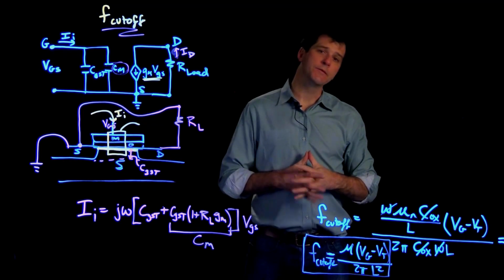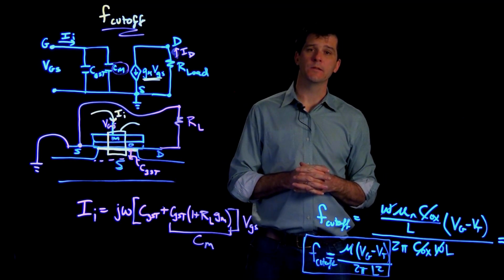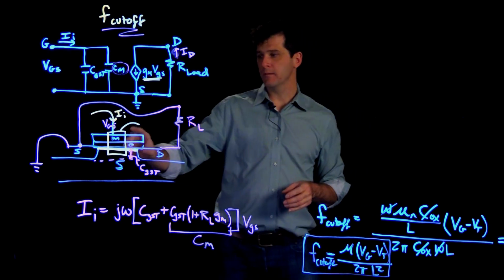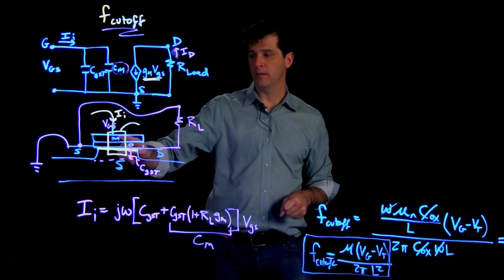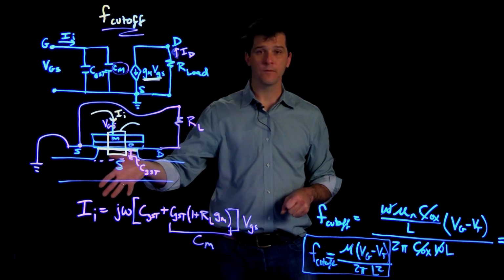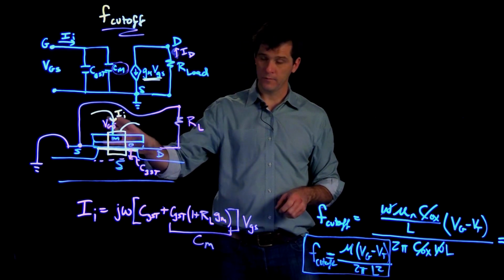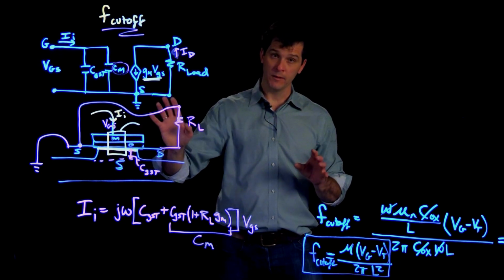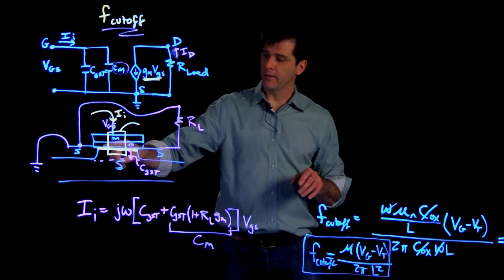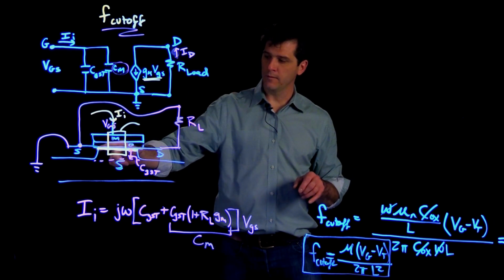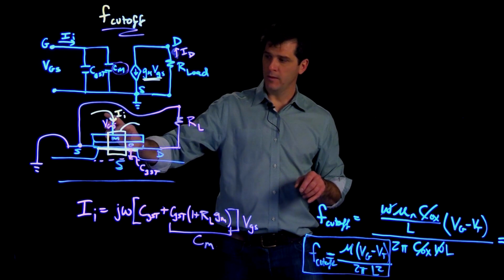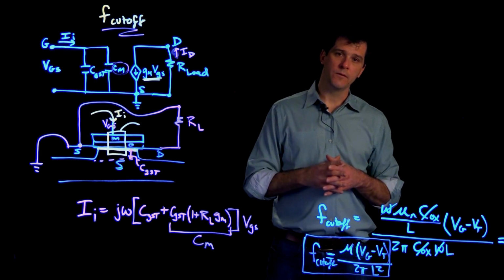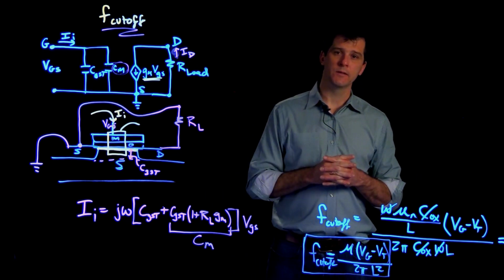So in this section here, we've explored what determines the cutoff frequency of our MOSFETs. And we showed that it's actually the time it takes to charge up the gate and the time it takes to draw the electrons, in this example here of a P body MOSFET operating in inversion mode. The time it takes to draw those electrons into the channel and charge up the full gate is what determines the cutoff frequency.